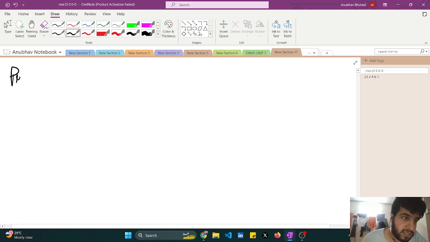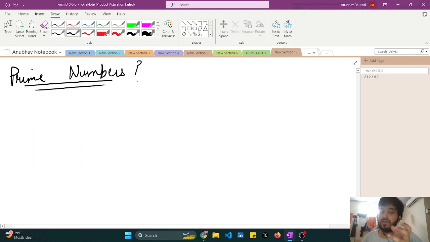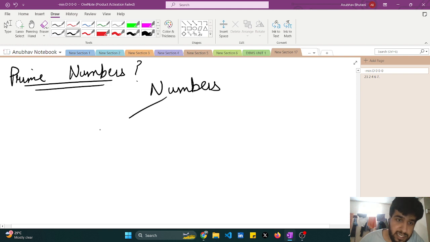First we'll study what prime numbers are before moving on to the solution, for those who are complete beginners and those who don't know what prime numbers are. Basically everyone has studied in their 12th or 10th what prime numbers are, but I am going to revise it for you. There are two types of numbers: one is prime and one is composite.